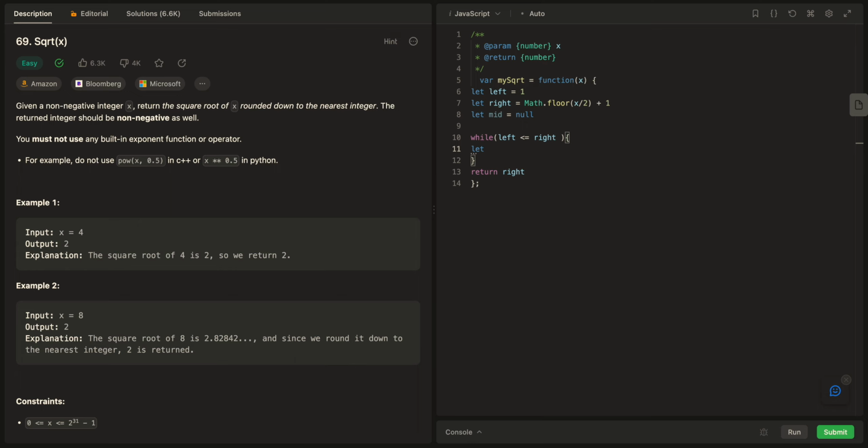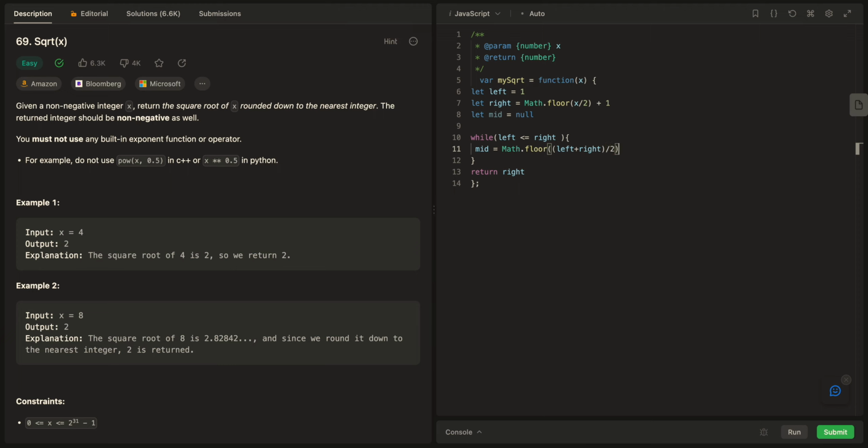I'll say that mid equals Math.floor of left plus right divided by 2.